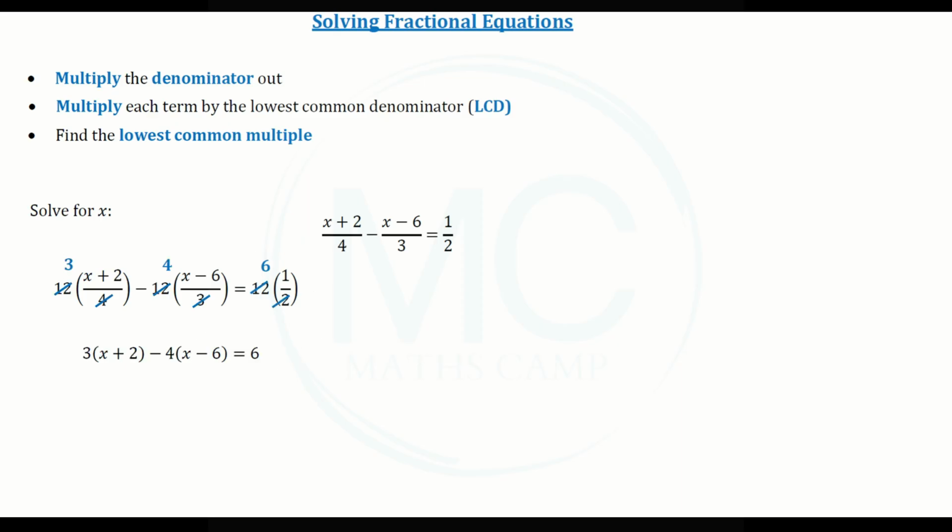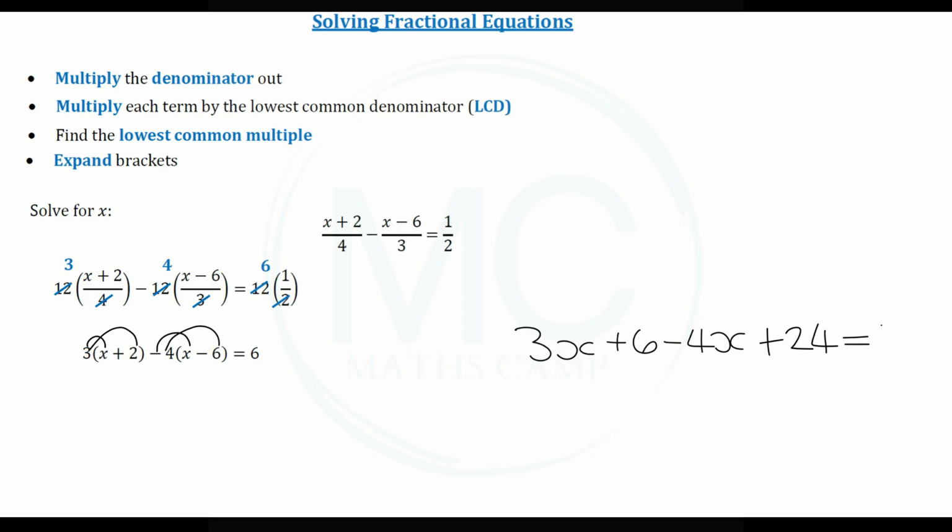The next step is to expand the brackets. I'm going to write them on this side. We have 3 multiplied by x, which is 3x. 3 multiplied by 2 gives us 6. Negative 4 multiplied by x is negative 4x. Negative 4 multiplied by 6 is positive 24.